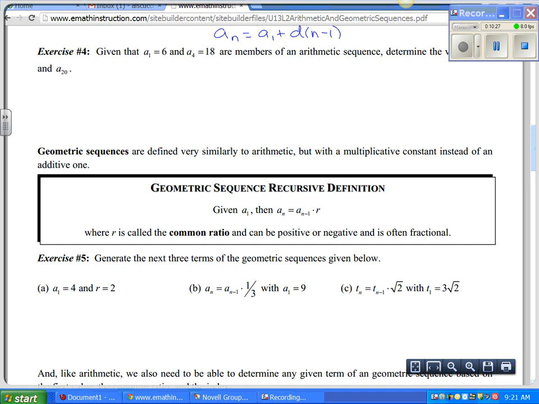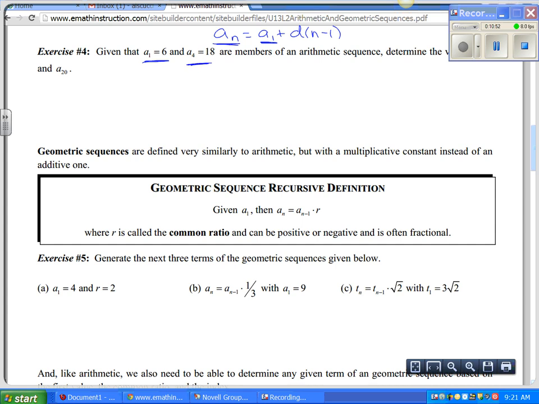So do I have an a sub n? Is that going to be my a sub n? 18, why? Where am I going to use this? An a sub 1. So I'm going to use this in a sub n. Does that make sense?